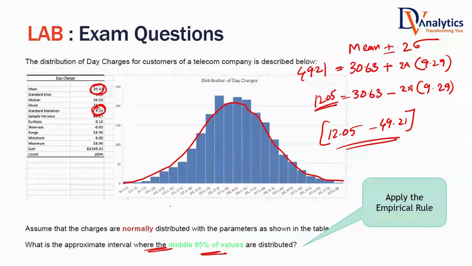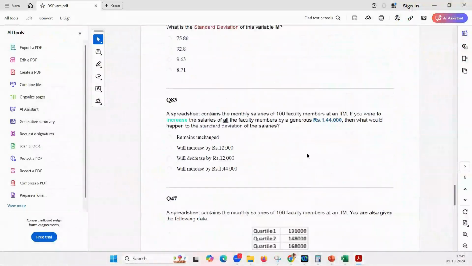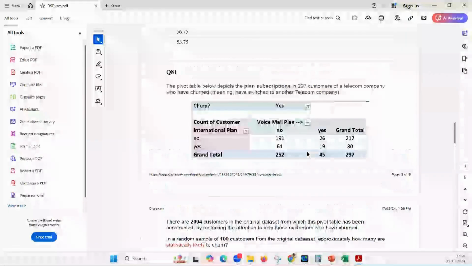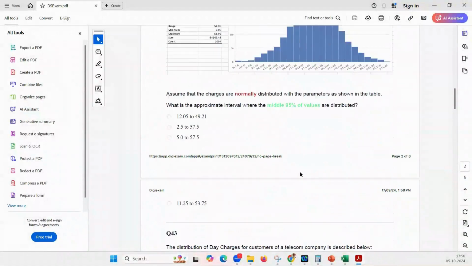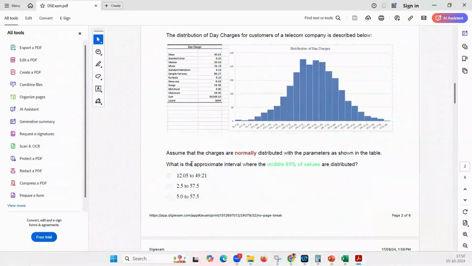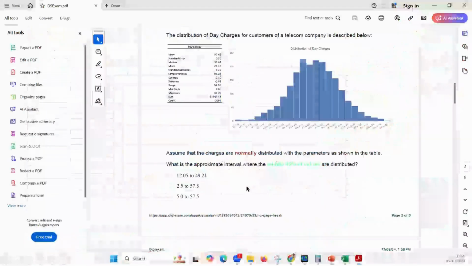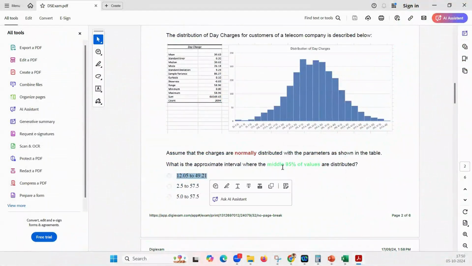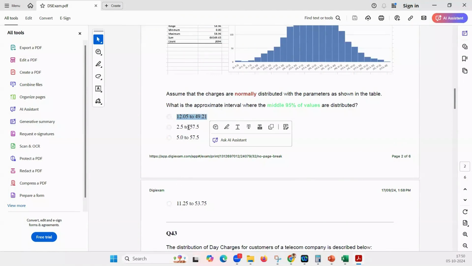What is the approximate interval? 95%. So let us see how the question was given and what answer we have to pick. Which was the question here? Maybe I haven't pasted the answers there. Let us see. Is this the one? Yeah, so this is the question. We got the answer 12.05 to 49.21, and this is the one that we have to pick out of these. Middle 95% are in this range.